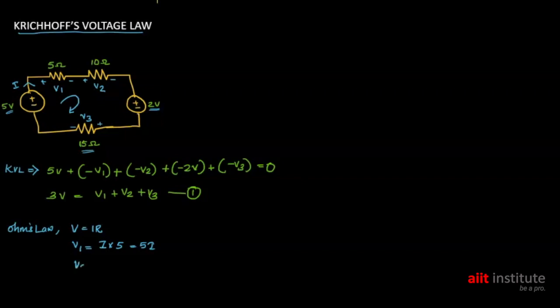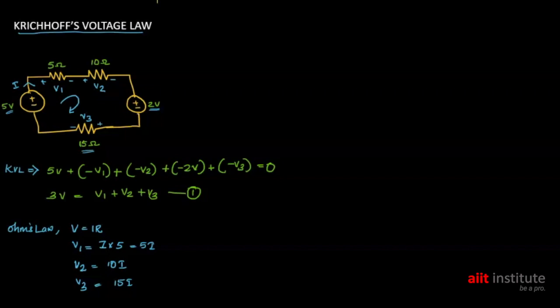Similarly, voltage drop V2 across resistor 10 ohm becomes 10 into current, which is the same, so 10I. Similarly, V3 becomes 15I.